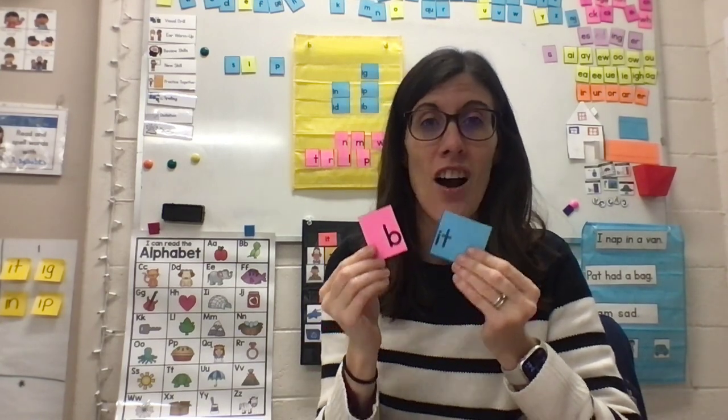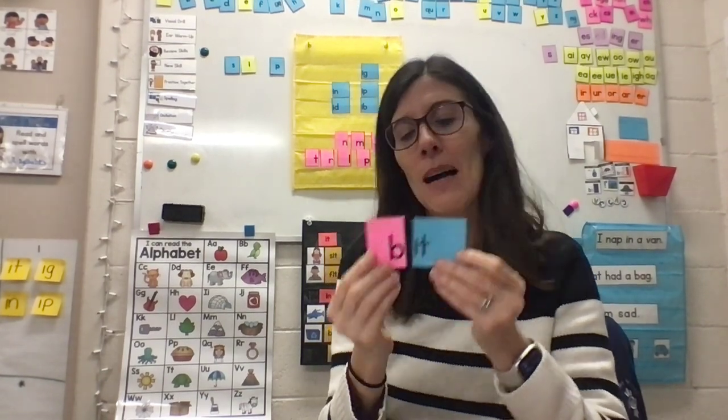So with successive blending, I want them to be able to blend the sounds together. I use onset and rime when I want to get automaticity with decoding. I want them to not go it, bit forever. I want them to be able to say, okay, I know it, I can read it, it, bit. And it does work. If this were a stretching sound, then it does help to read it first.